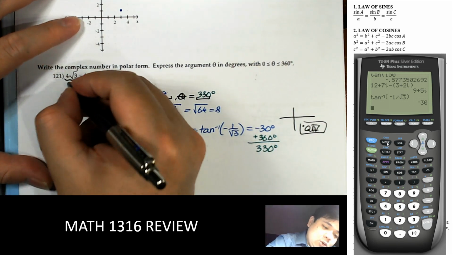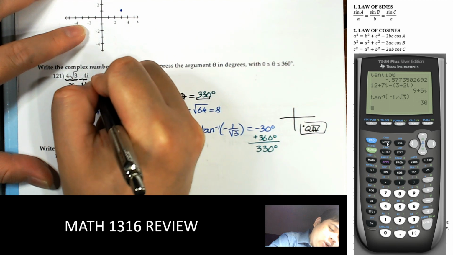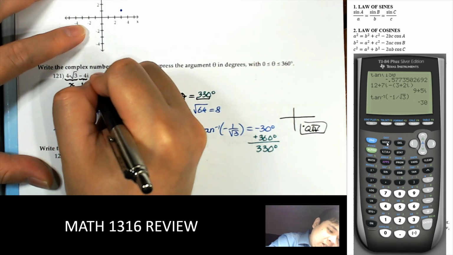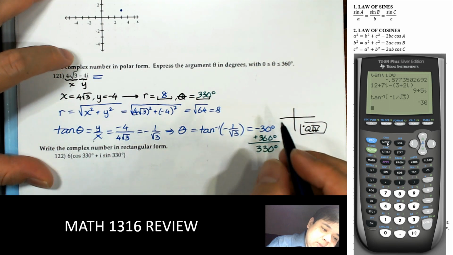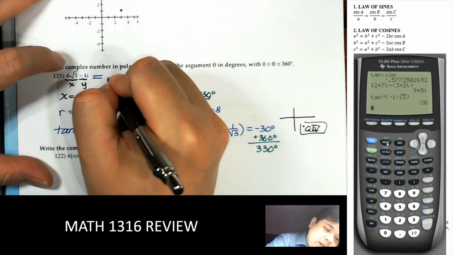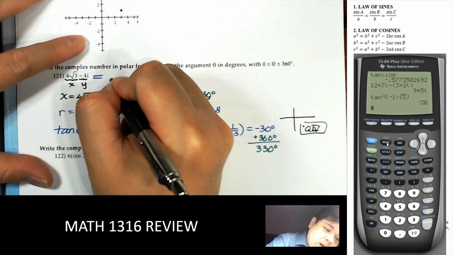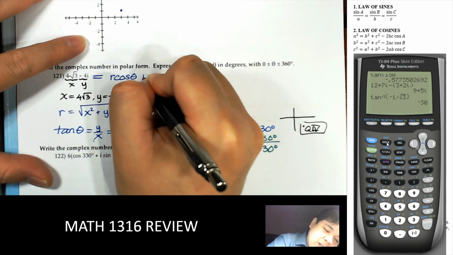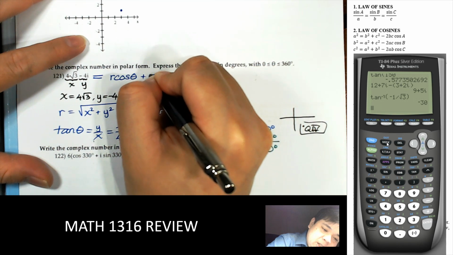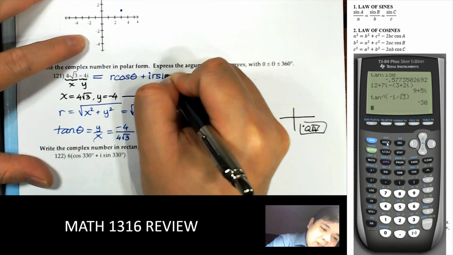Right. So x plus yi, we can rewrite this as, in general, r cosine theta plus i sine theta.